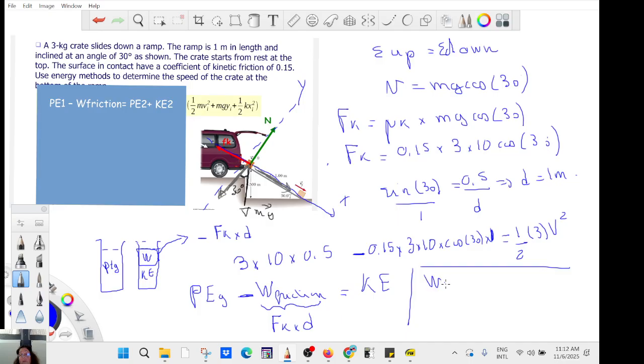The net work is the work done by gravity, which is mg sine times d, minus the work done by friction, so Fk times d, equals the change in kinetic energy.